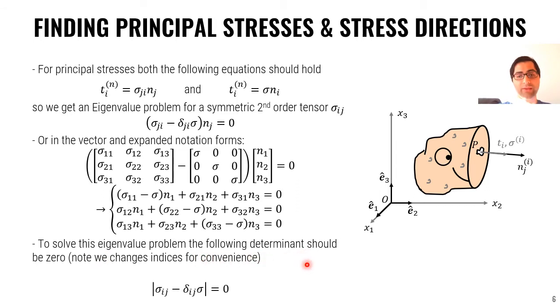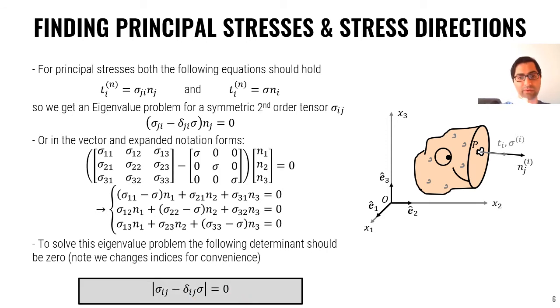So the following determinant should be 0. Just note that we changed the notation order for simplicity in reading the equation. So basically, the determinant of sigma ij minus delta ij sigma should be 0.